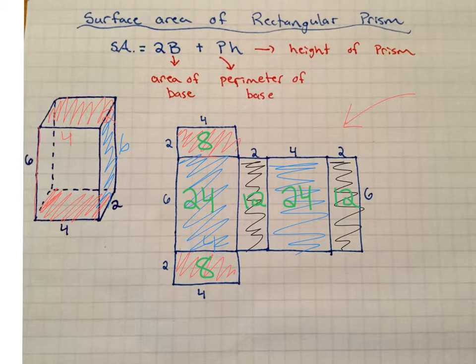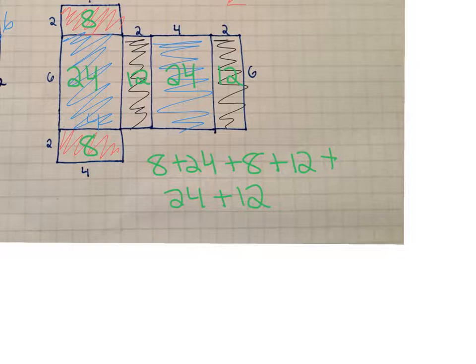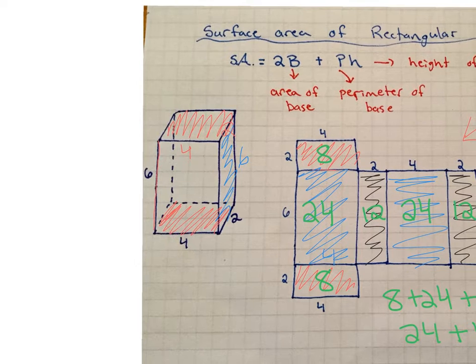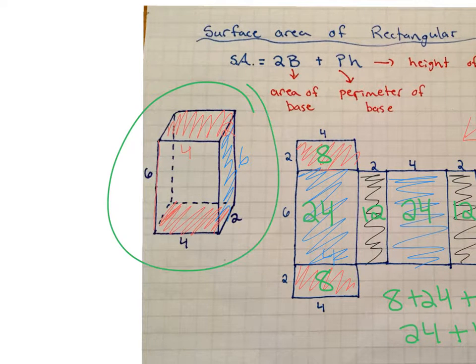So if I add up 8 plus 24 plus 8 plus 12 plus 24 plus another 12, you should get 88 units squared. That is the surface area of this prism.